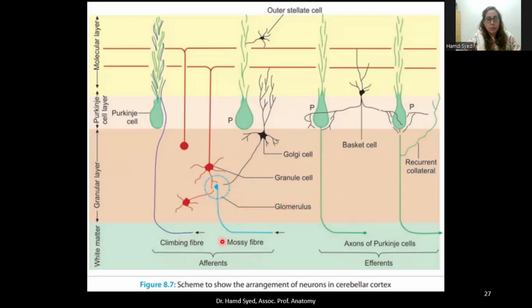So the climbing and mossy fibers are the afferents which are entering the cerebellar cortex. The mossy fiber participates in formation of the glomerulus in the granule cell layer, whereas the climbing fiber, as the name indicates, is going to pass through these layers of the cerebellar cortex to synapse with the dendrites of the Purkinje cell.